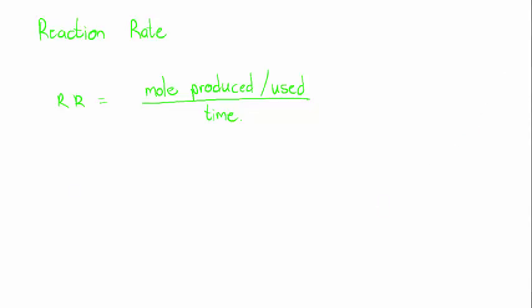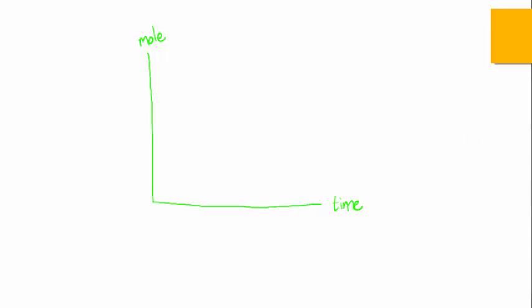and that would give me my reaction rate. Now, if we were to look at a reaction happening, let's say this is the amount of moles that I have, and this is time. Then let's look at what a typical graph would look like, starting with the graph for the products.